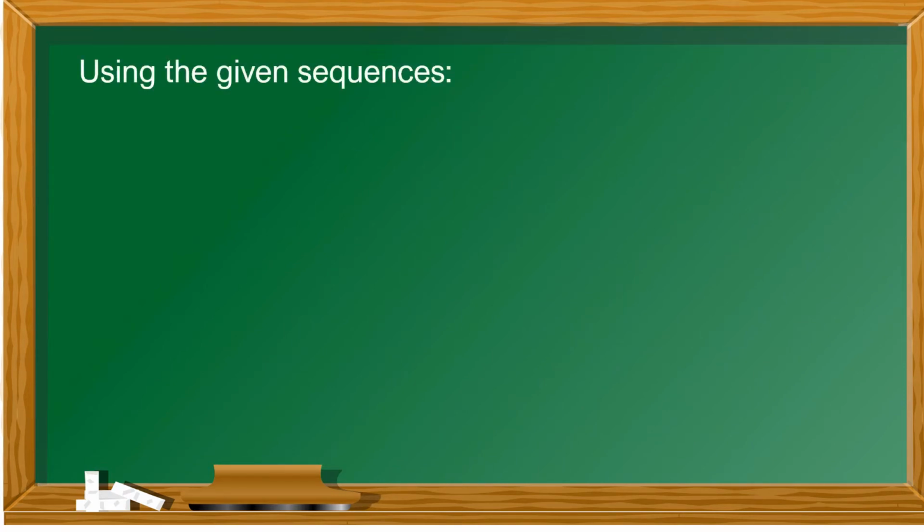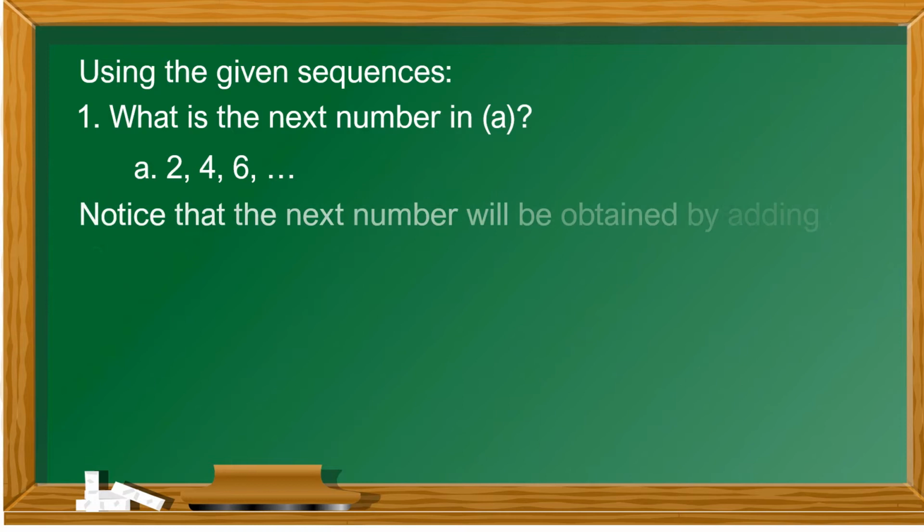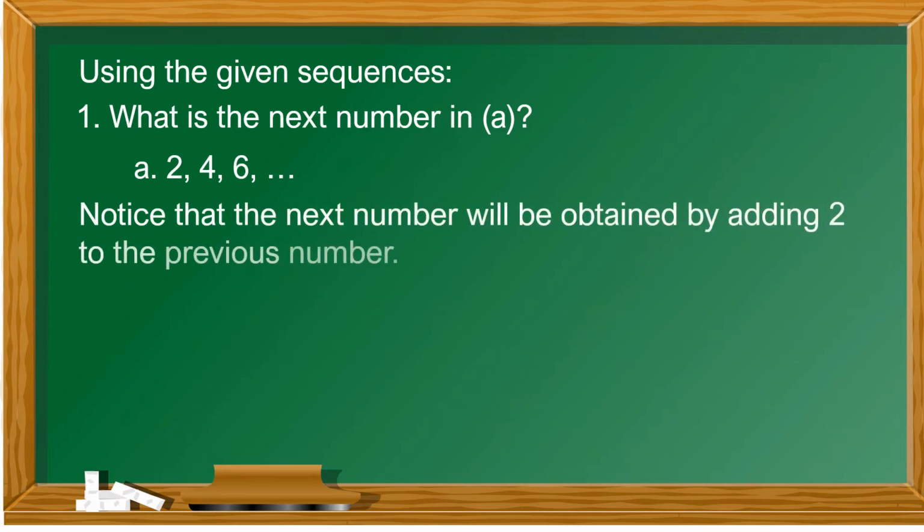Using the given sequences, for number 1, what is the next number in letter A? For letter A, the sequence is 2, 4, and 6. What would be the next number after 6? Notice that the next number is obtained by adding 2 to the previous number.